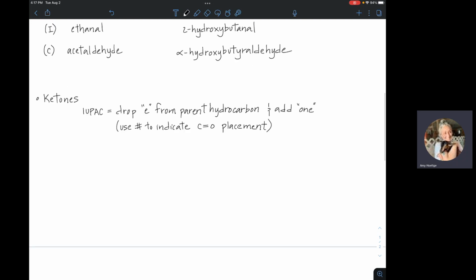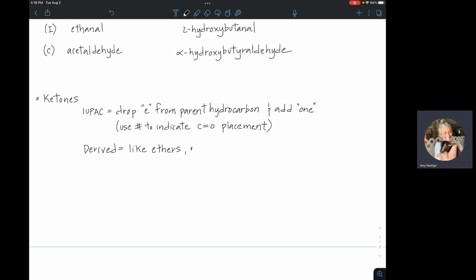We have something else, though. We have something called derived nomenclature. It's just a little different. It's kind of reminiscent of ethers. So like naming ethers, you can name a ketone as a ketone.